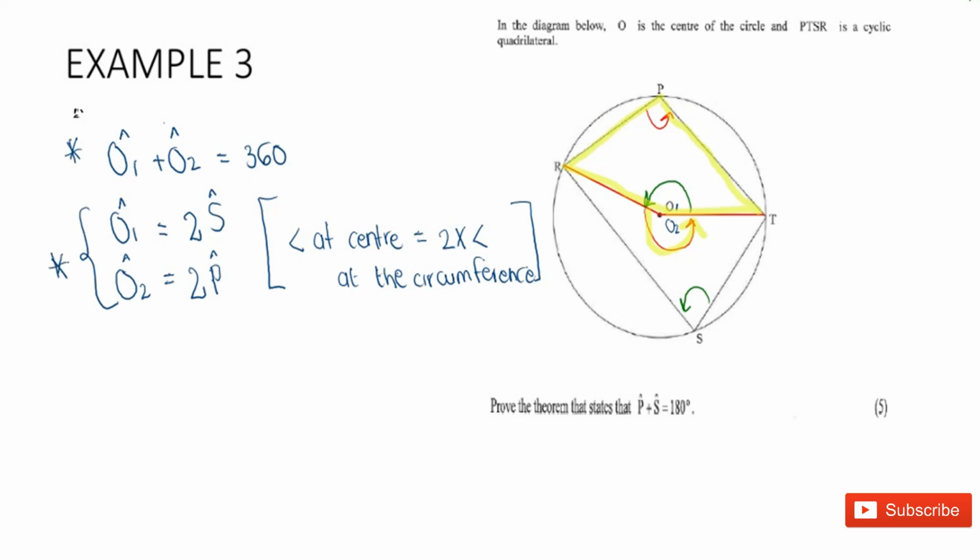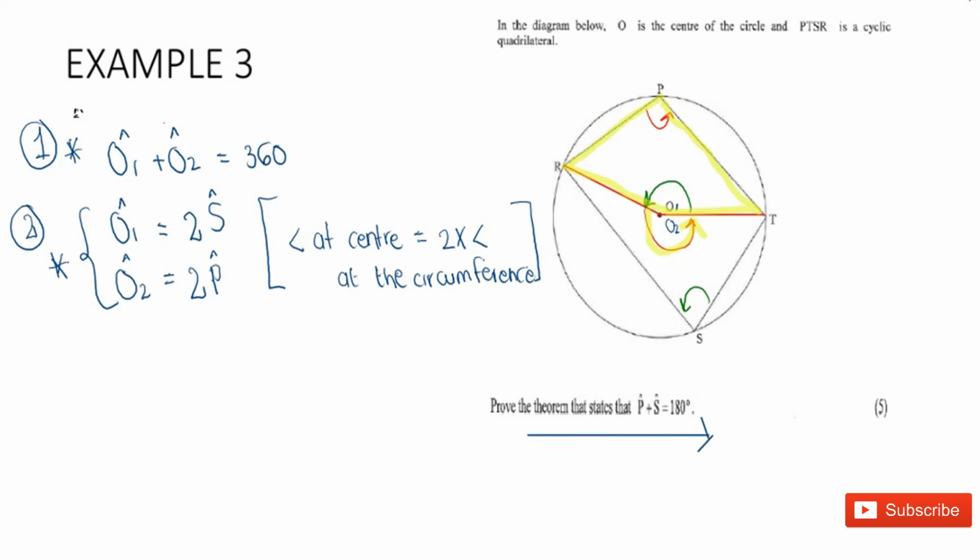We're going to say this is our equation 1, and these are the equations that we are supposed to substitute into our equation 1. Once we've substituted those, we will have proven this theorem. So let us substitute.